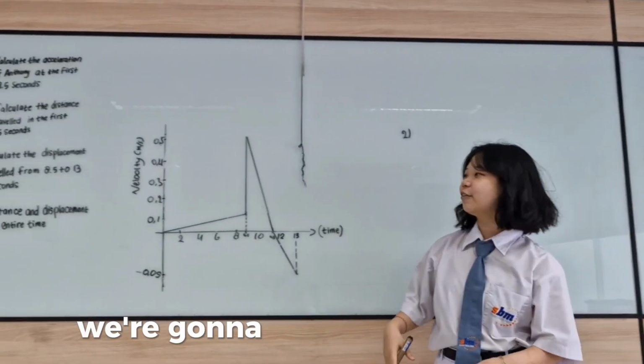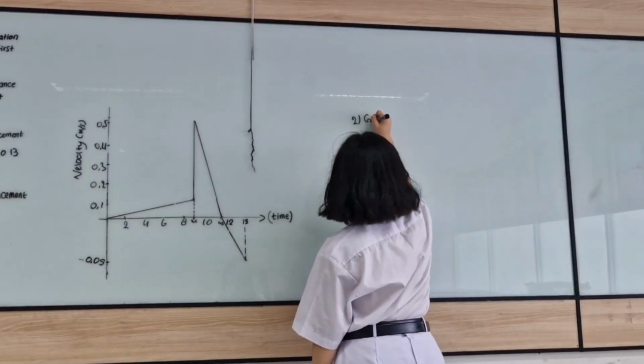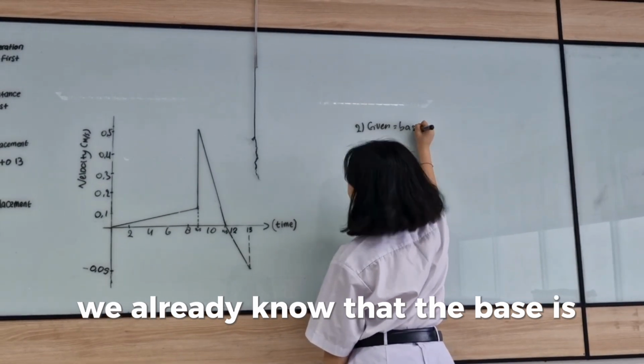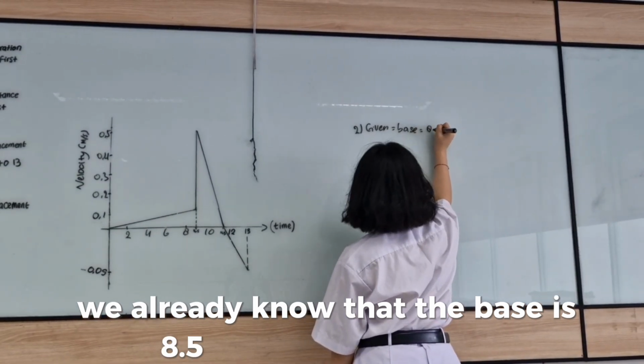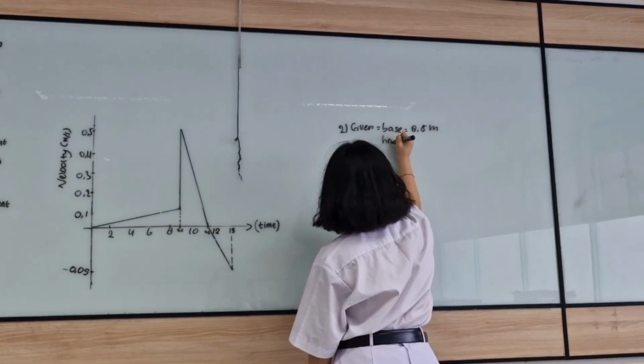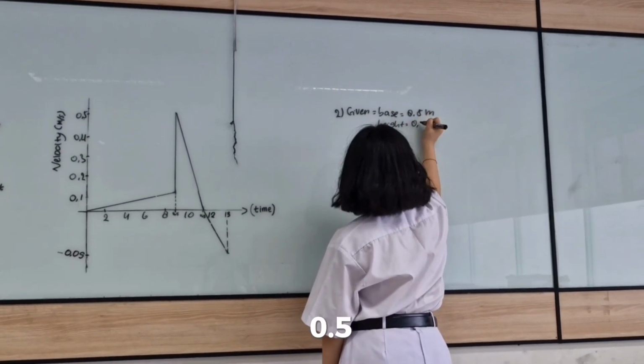So now we're going to find out the distance in the first 8.5 seconds. We already know that the base is 8.5 meters and the height is 0.1.